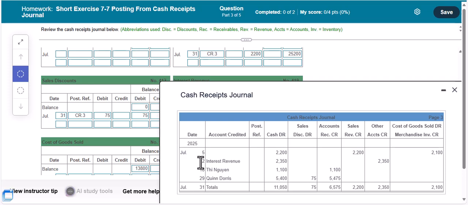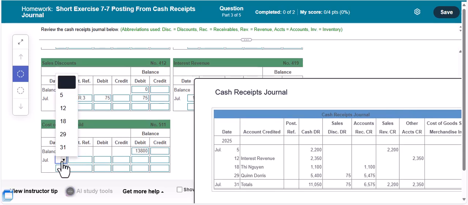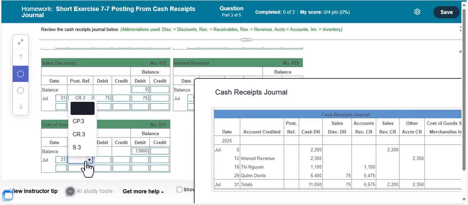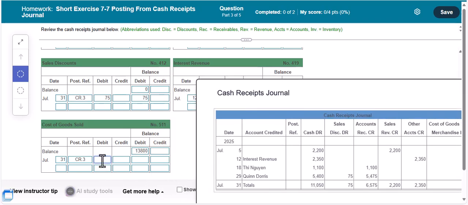All right, and now we have a cost of goods sold debit here that we have to input for 2,100. So let's find our cost of goods sold, July 31st, posting reference CR3, and it is a debit of 2,100. And that gives us a balance of 15,900.